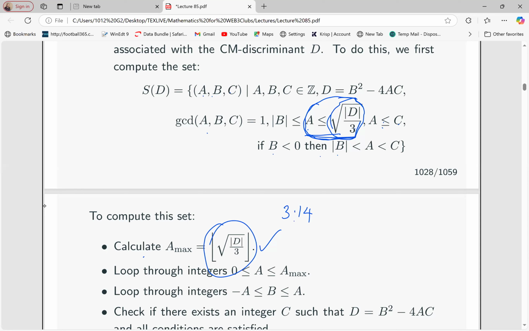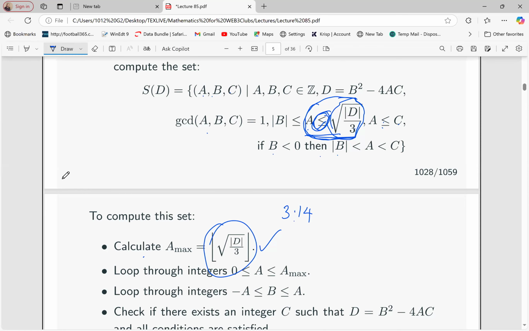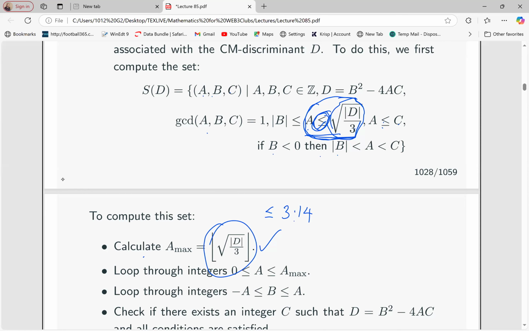What that means is that using this inequality, less than or equal to, A should be less than or equal to that. It means A can be 0, A can be 1, A can be 2, A can be 3. So A is one of these elements of the set.